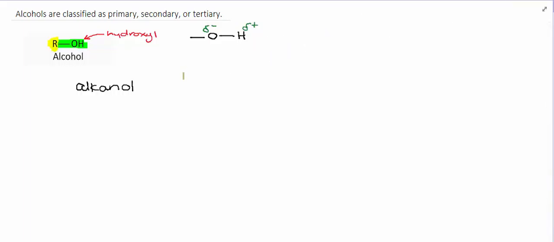When it comes to naming alcohols, the structure of alk-anol that you saw last year will be helpful here. Just keep in mind, whenever you see alk in the naming structure, that's where you put the prefix for the number of carbon atoms. And the suffix in this case for an alcohol is anol.